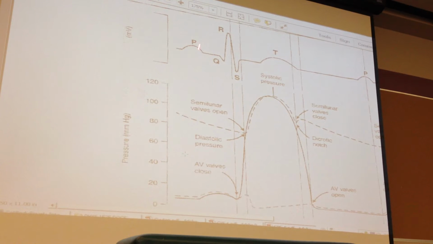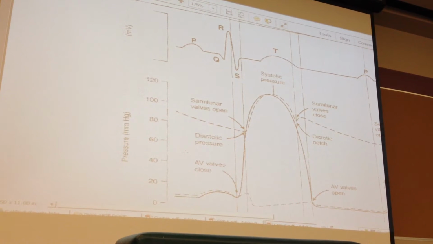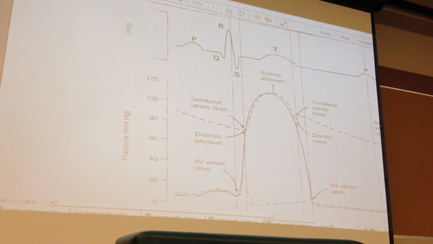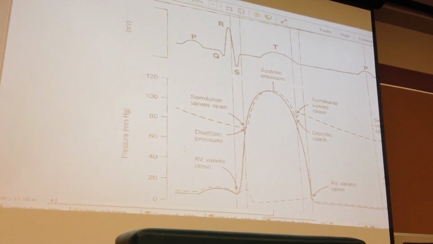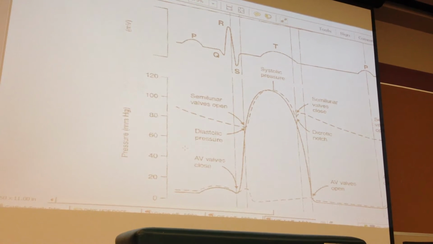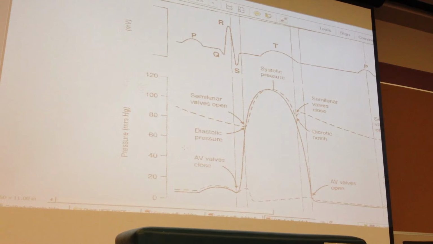So the P wave represents the atrial depolarization wave. That's the wave that starts on the right atrium and moves towards the left atrium. And then the QRS complex is the wave that is recorded when that same signal from the SA node now goes through the AV bundle and then starts depolarizing the tissues of the ventricle. That would be the QRS complex.